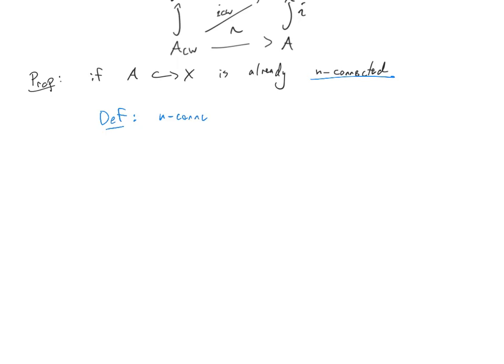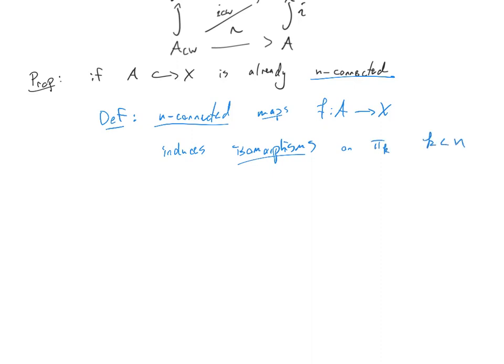An n-connected map is a map which induces isomorphisms on pi_k with k strictly less than n, and a surjection on pi_n.